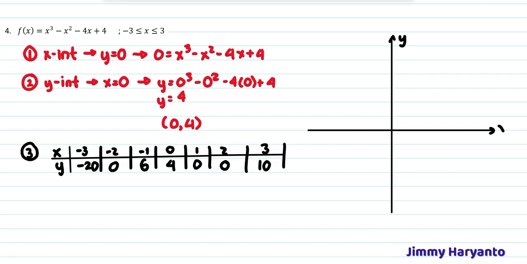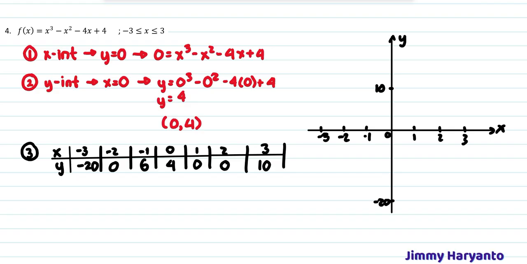So this one is y, this one is x. We have negative 3 until 3: negative 3, negative 2, negative 1, 0, 1, 2, and 3. And then for the y, let's say this one is negative 20, and that means this one is 10. So (3, 10) will be right here, and then (negative 2, 0).